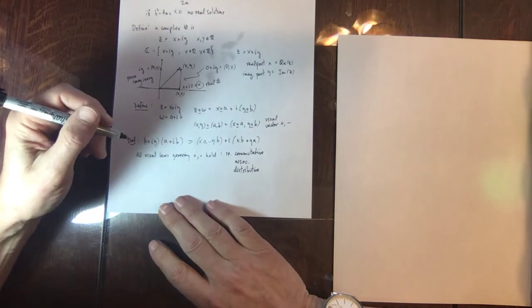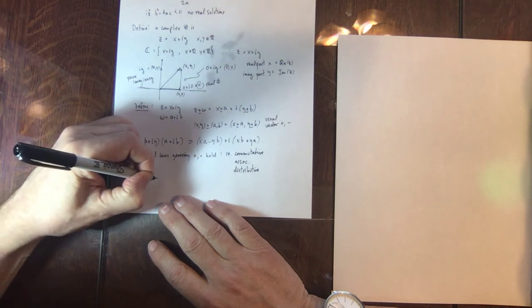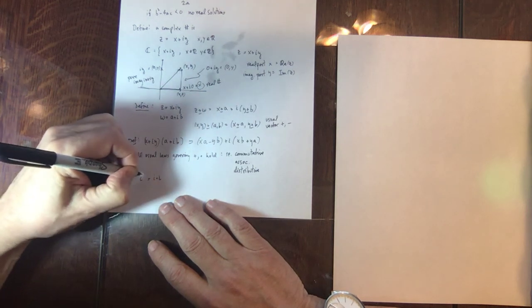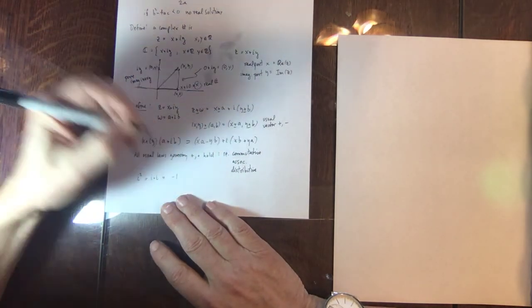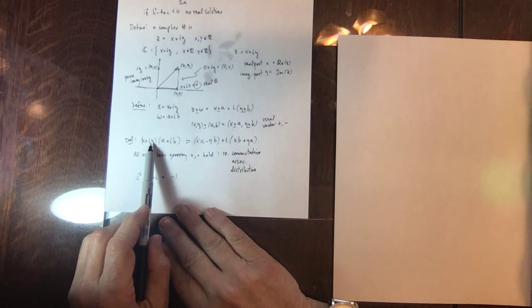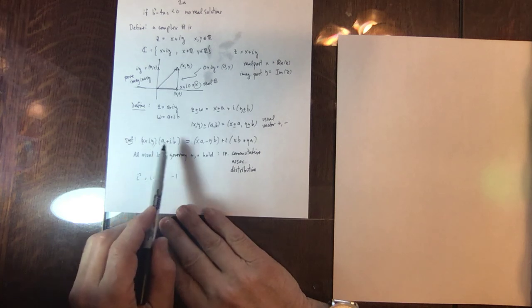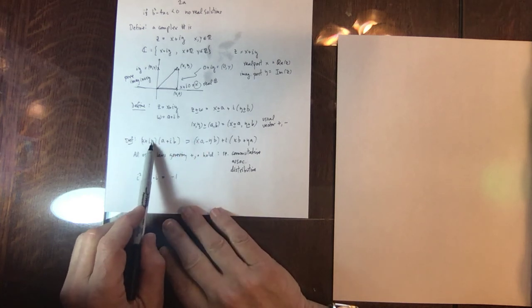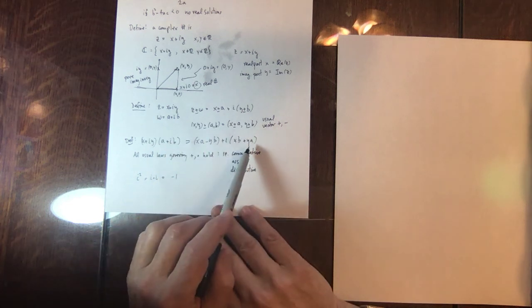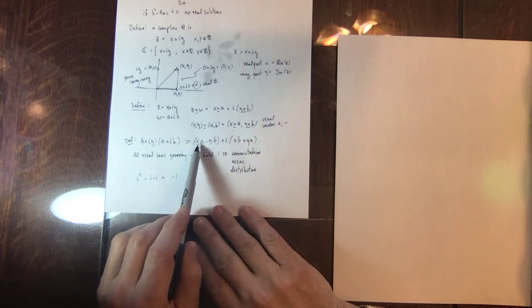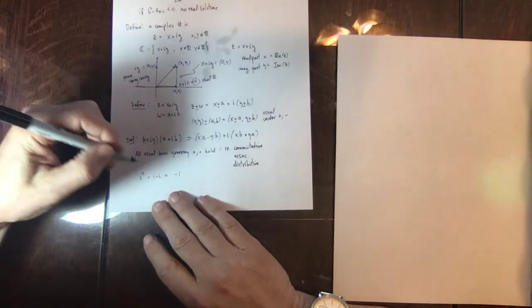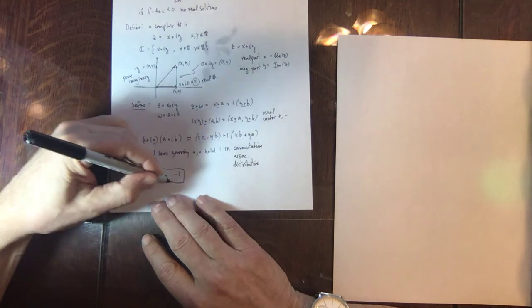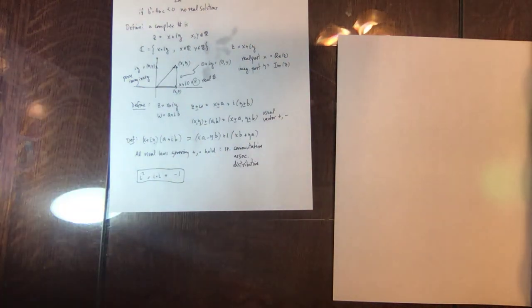But notice that i times i, or i squared, according to this rule, is just -1. Right? Because if x and a were 0 and y and b were 1, this would be 0, this would be 0, and this would be -1. So you end up with i squared is -1, as expected.